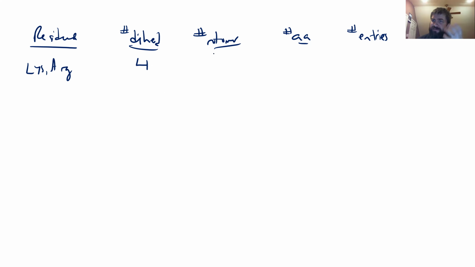Let's just assume 3 minima per rotatable bond. This gives us 3 to the 4, or 81 choices, different conformational states for each of those amino acids. And there are 2 of them. So this gives us 162 different possible rotamers just for those 2 amino acids.